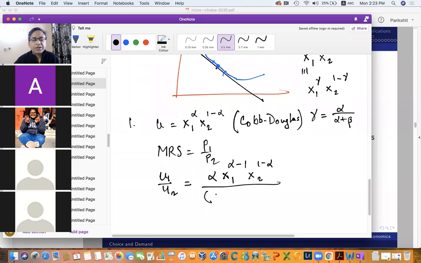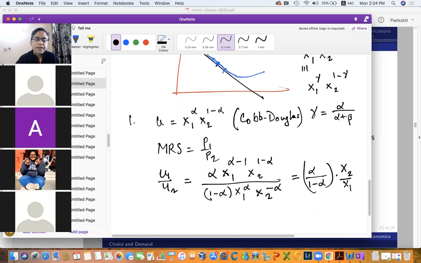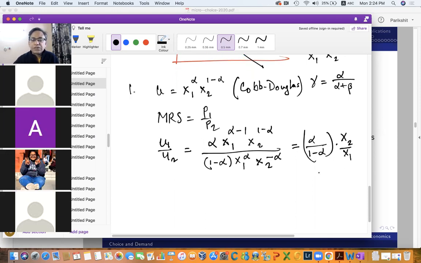And in the denominator, we have u2, which is 1 minus alpha, x1 to the power alpha, and x2 to the power minus alpha. This simplifies: you can see that x1 to the power alpha will cancel out, and similarly for x2, so we'll be left with basically x2 divided by x1, and this equals the price ratio.